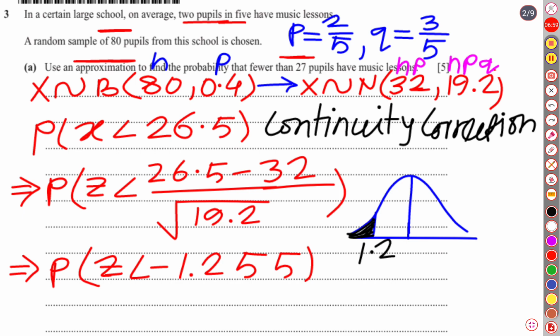Well, now, if I draw another curve, another graph, look at this.